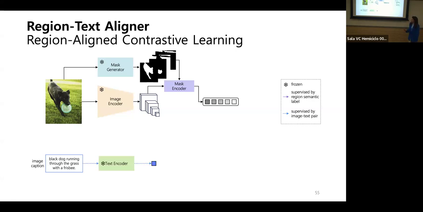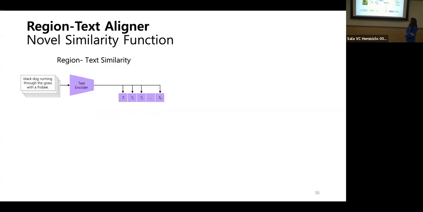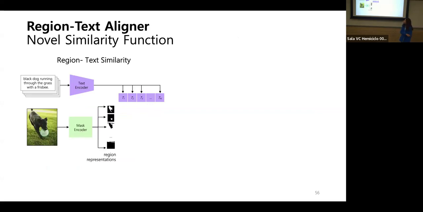We have a global representation for the caption using CLIP's text encoder, and then we can learn this region text alignment function that I will explain in detail. We have a set of captions that we encode using our text encoder, and we have an image, which we represent by the visual entities that it has.